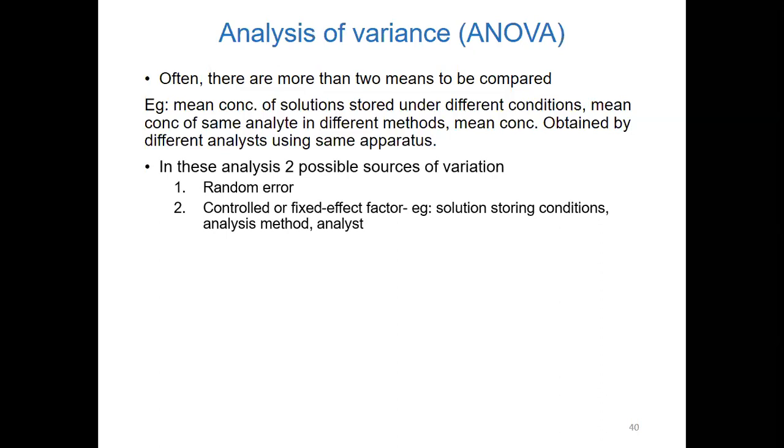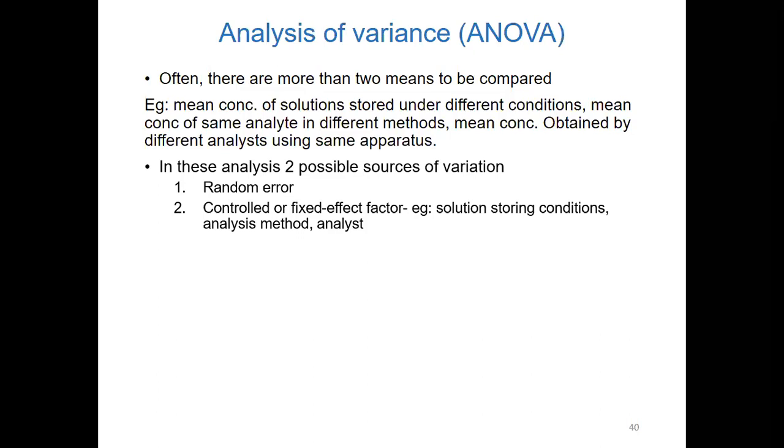When we analyze more than two means, there are two possible sources of variation. First, there may be some random errors, which are really difficult for us to avoid, so random errors are possible all the time. And also, a controlled or fixed effect factor. What does that mean?